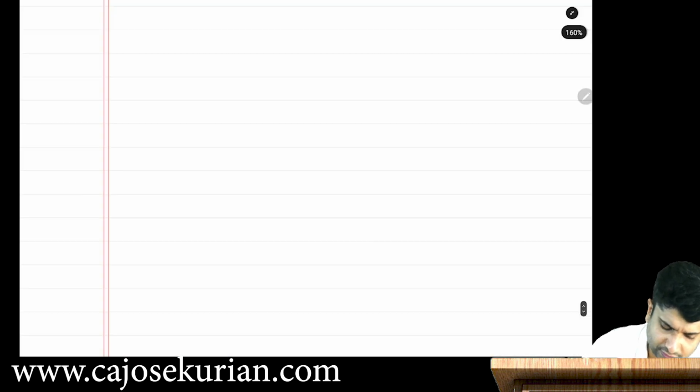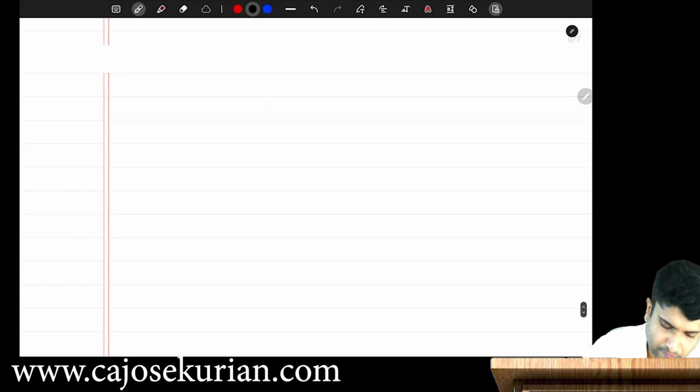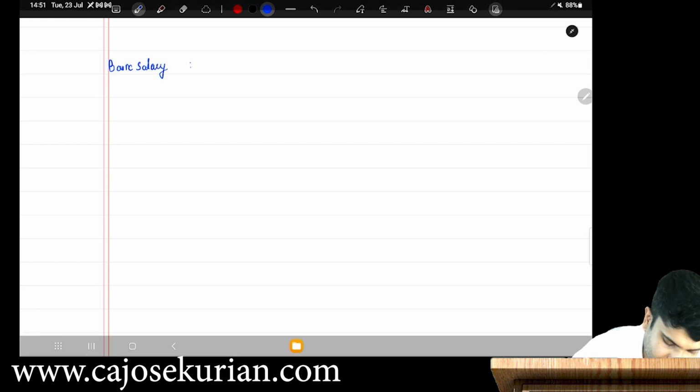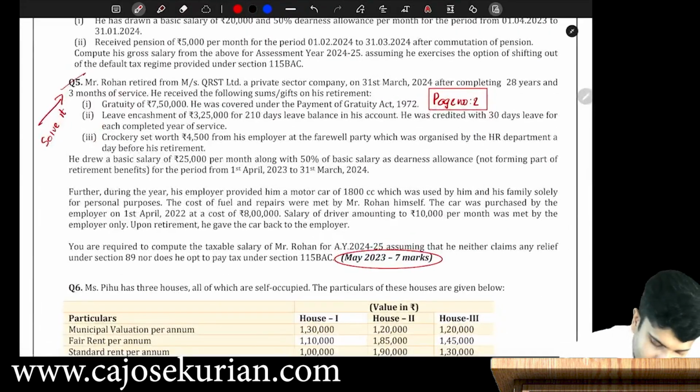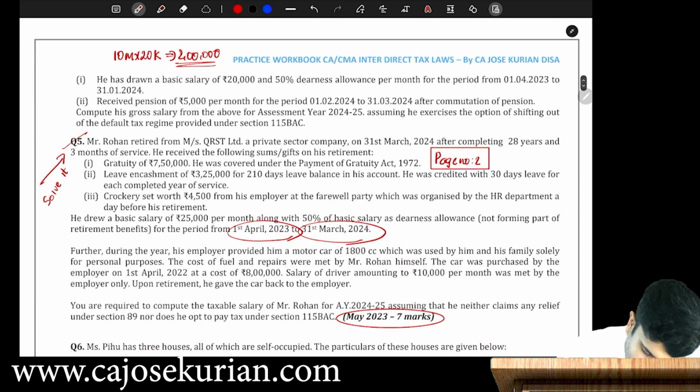So we will start with the basic salary first of all. The same format that we have used earlier, okay. And how much is the basic salary? Let's compute the basic salary. The question says he was drawing a basic salary of 25,000 along with the DA of 50% of basic salary for a period from April to March 2024. He got retired on 31st March only.